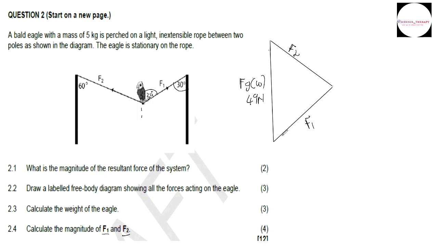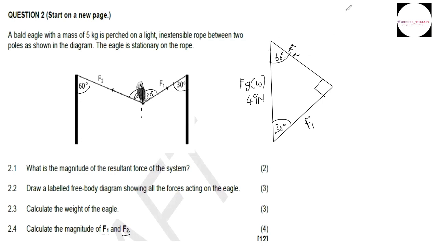Remember, the angles you put inside your triangle must be the angles between the normal and the force. Also here, with alternate angles, that's a Z, that's 60 degrees. The 60 and 30 form 90, so to complete this triangle we need 90 degrees here, so that all the interior angles add up to 180 degrees.